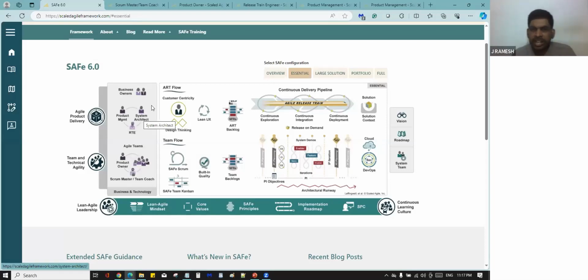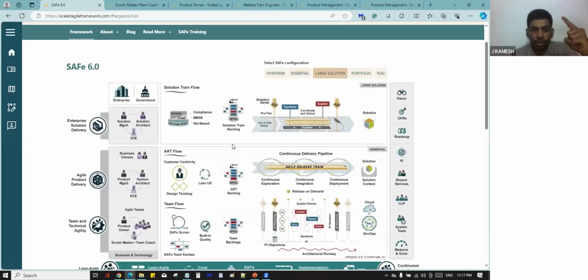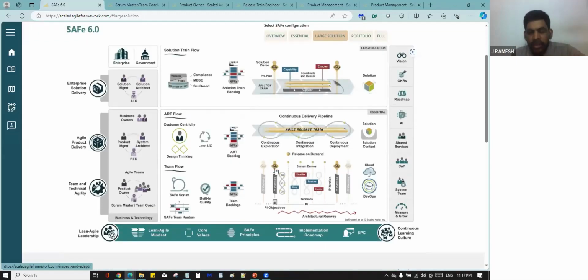For the large solution, we have two other roles: STE, solution manager, solution architect. This webinar is not for those other two roles. How many teams depends upon the project size. At the ground level there is the scrum master, product owner and development team.